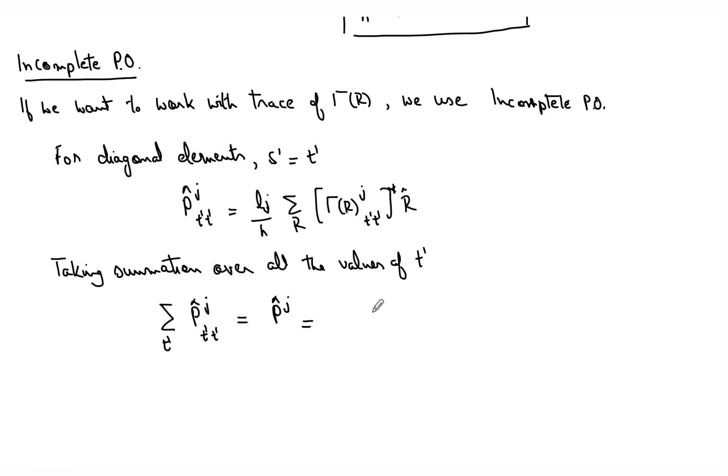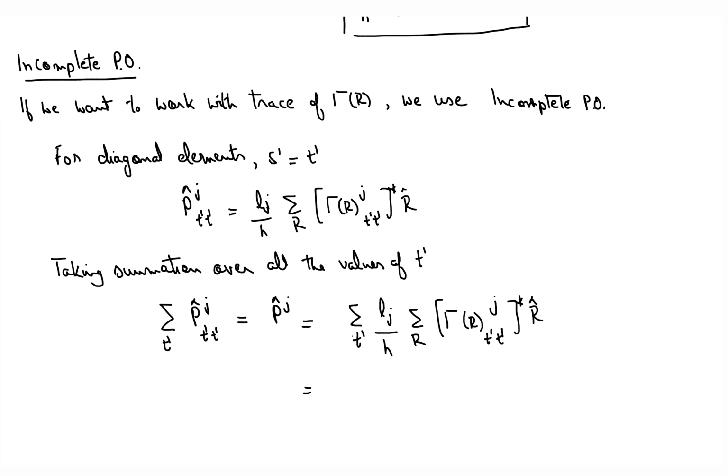Now we have the summation over T prime of l_j over h, summation over all R, tau R T prime of the jth representation star, operator R. This summation over T prime can be taken inside because this is the only term dependent on T prime.